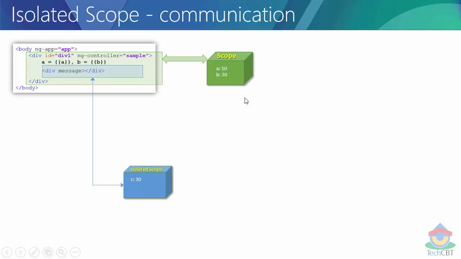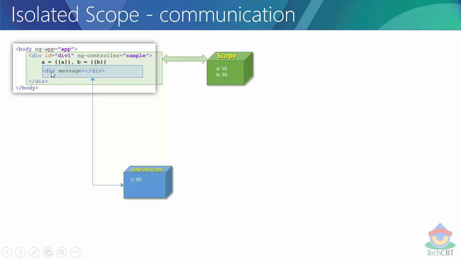Next, we know that we have the parent scope and we also have the isolated scope, which is available whenever you declare the directive's scope as an object. But you may run into a scenario where you would like to access these two members of the parent right inside the isolated scope. You cannot really run away from the parent scope most of the time.